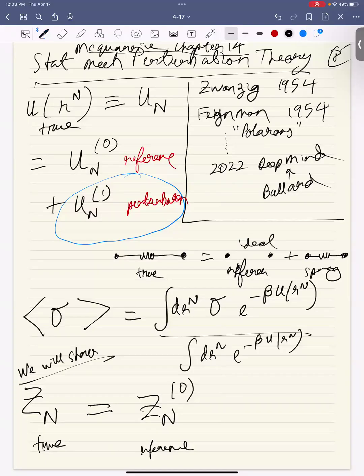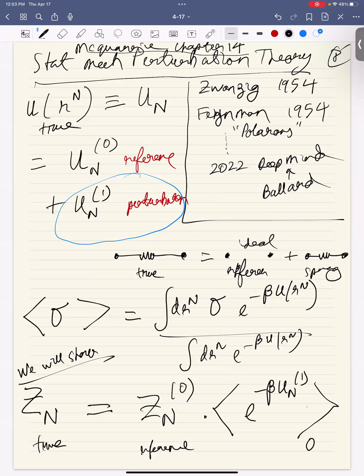And we will show that this is the same as calculating the average value of the exponential of the perturbation, e to the power minus beta Un1, but we will carry out this ensemble average in the reference potential.